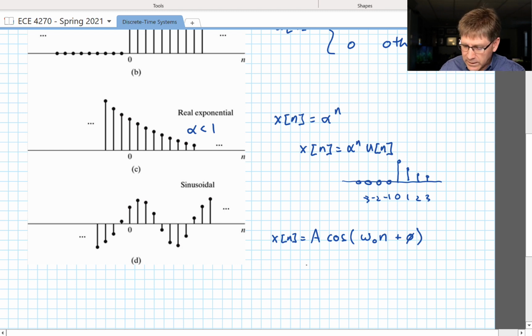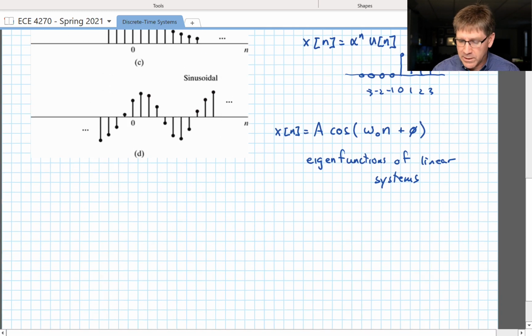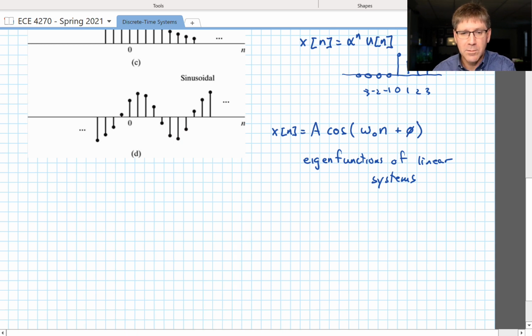We'll find out later that these are eigenfunctions of linear systems. I'll talk more about that. If that means something to you, great, you're keeping right up. If it doesn't, my job as a teacher is to help you see how that does mean something to you, and we'll do that in a few lectures.